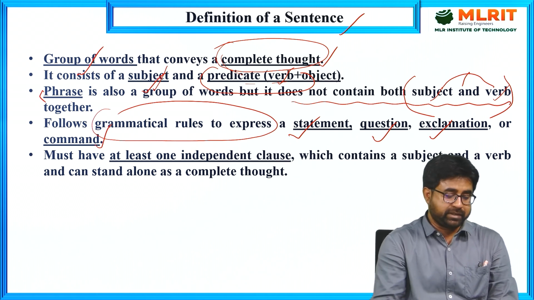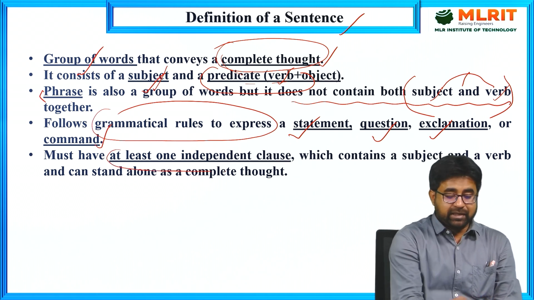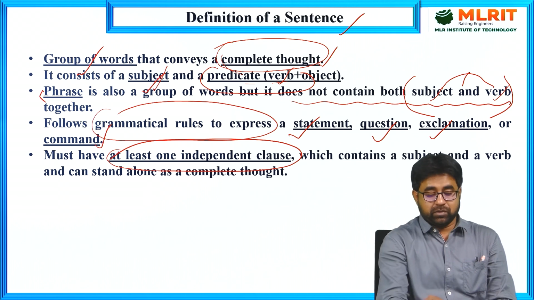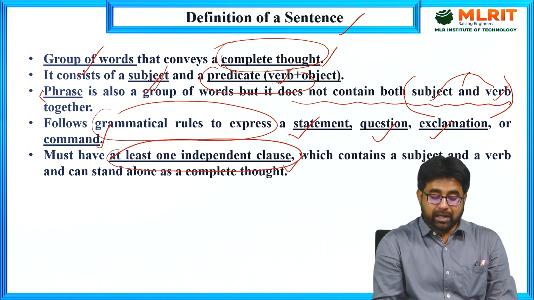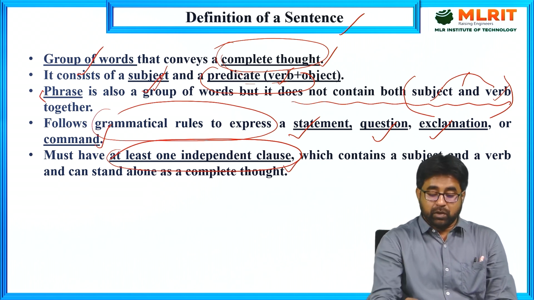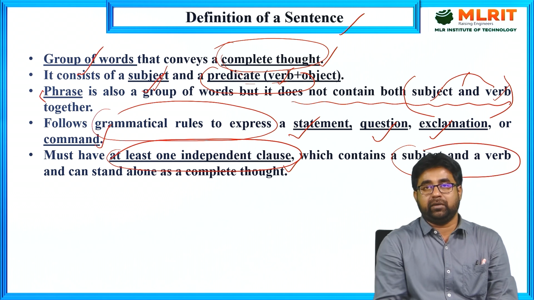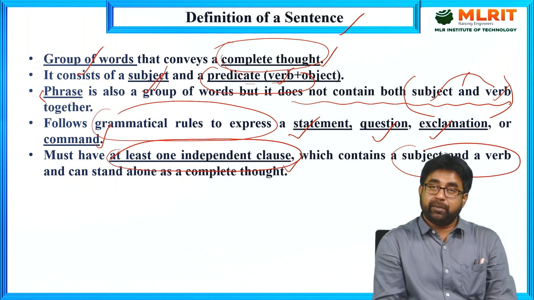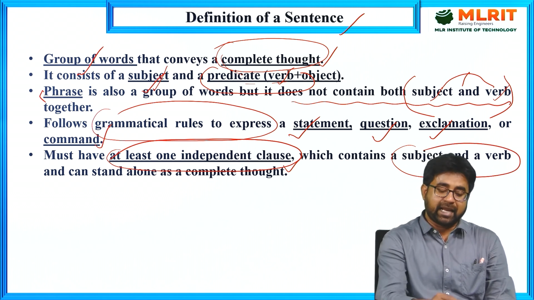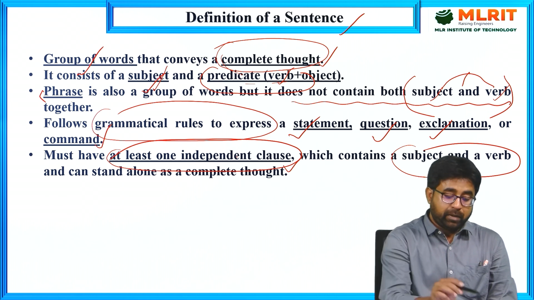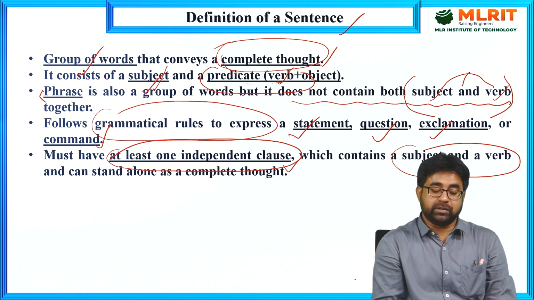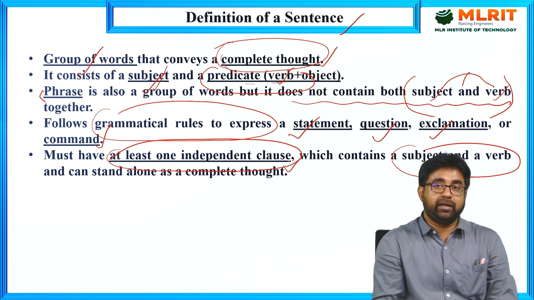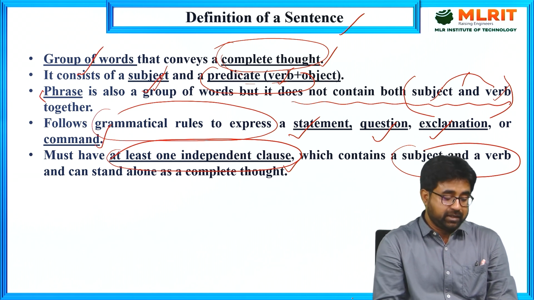And then it must have at least one independent clause. So a sentence should have at least one independent clause, which contains a subject and a verb, right? That is also the minimum requirement of a sentence. A sentence can have multiple clauses, that is fine, but one clause must be an independent clause. If there is not even one independent clause, you cannot call it a sentence.